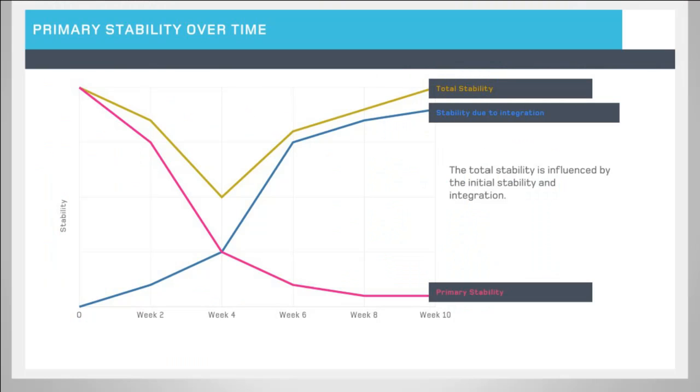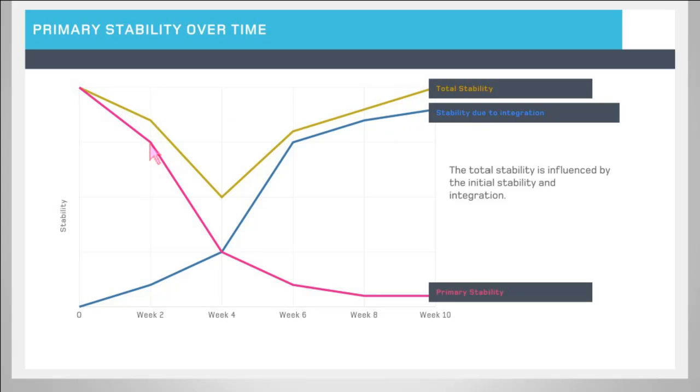Immediate placement works using this theory. Look at the green curve that shows the total stability required, the curve for total stability, the curve for primary stability, and the stability due to integration. When implants are first placed, we have a high primary stability due to the shape of the implant, and a low stability due to integration. As the implant integrates, the blue curve increases and the stability due to integration increases.